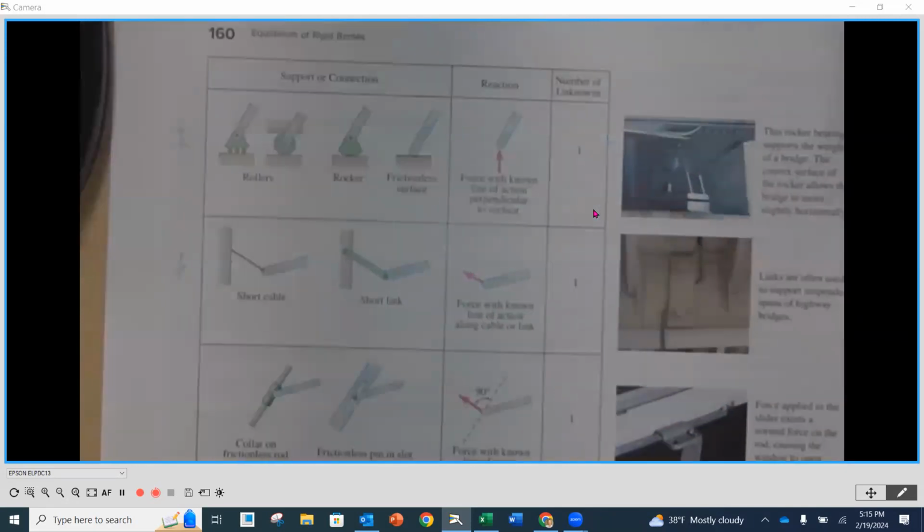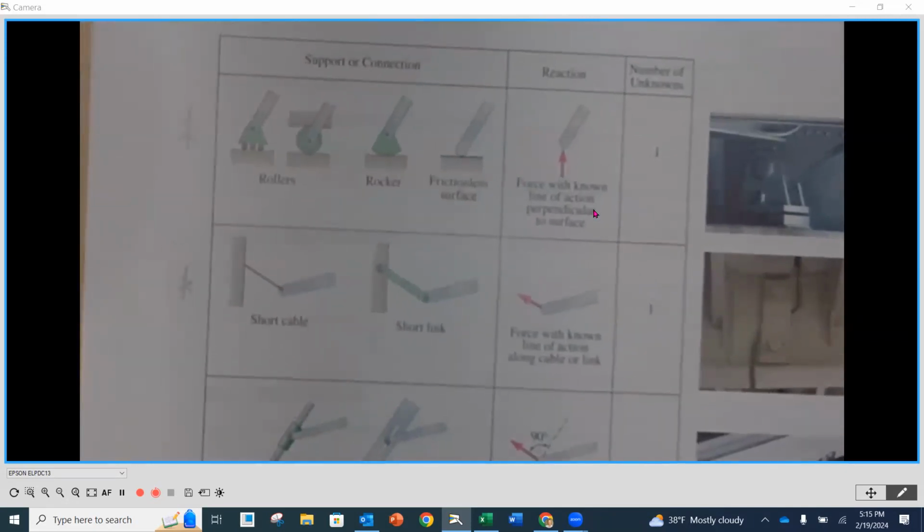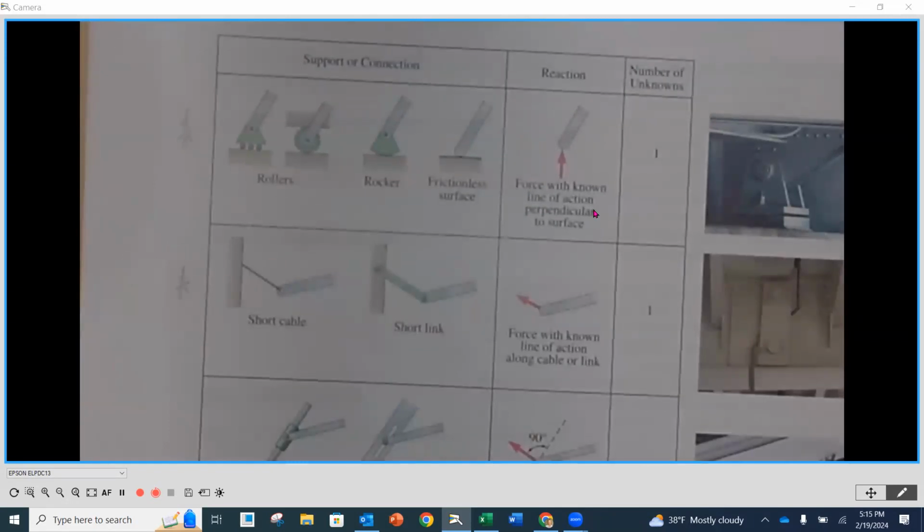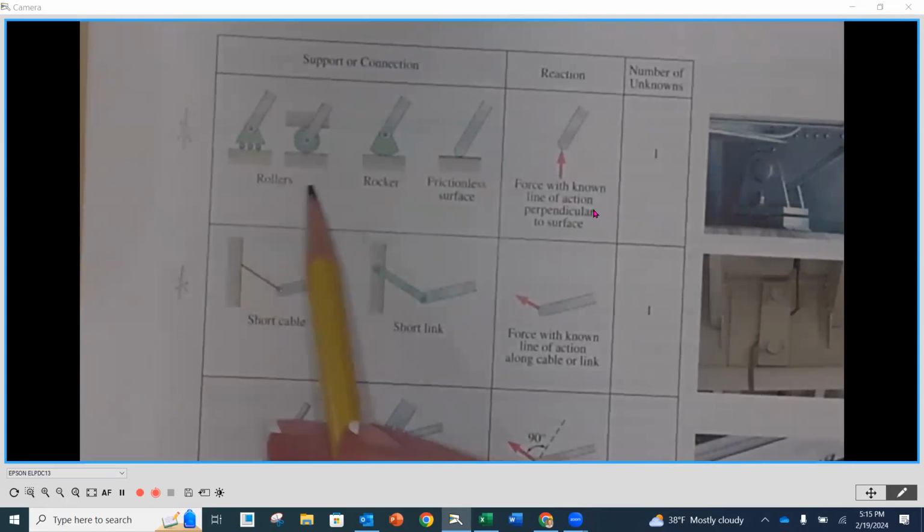And what I want to show you is the most common types of supports and what they're going to look like, but then also how we represent them in a free body diagram, for instance. Okay. So the first type that we have here is a roller, a rocker, or a frictionless surface. Okay. All of those types are only going to have one reaction force at the support.